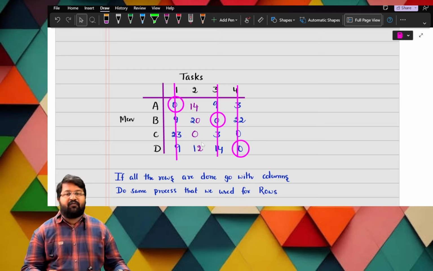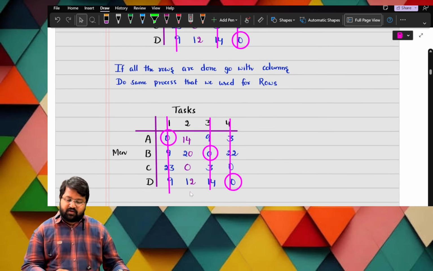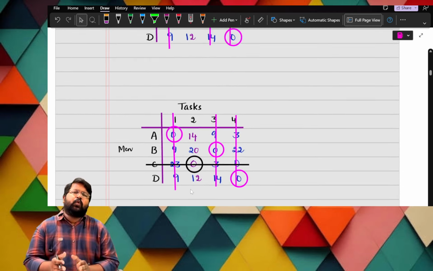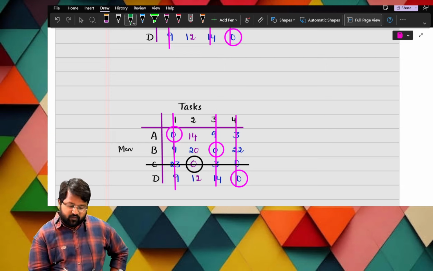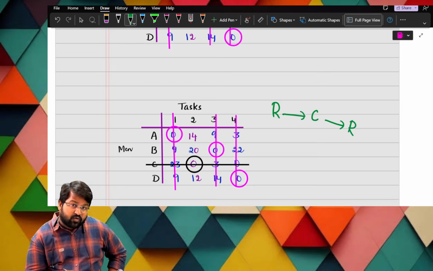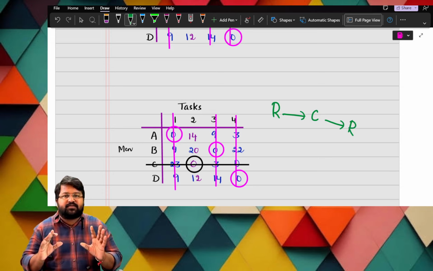After row and column checking, what do we have to do? See, I have checked this, and now the column is done. First we go with rows, and after completion we go with columns. Then we go with rows again, looking for any zeros not stricken by the lines.